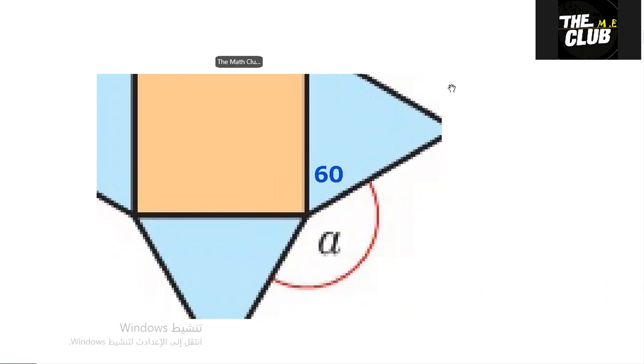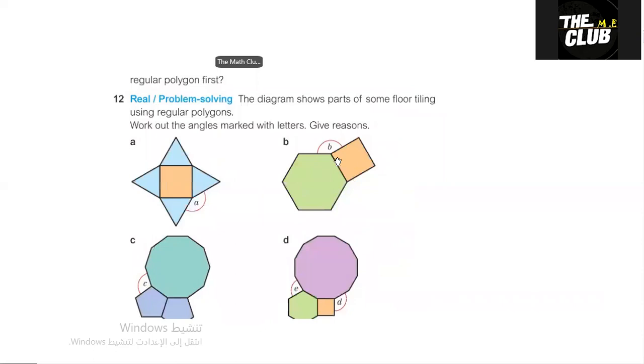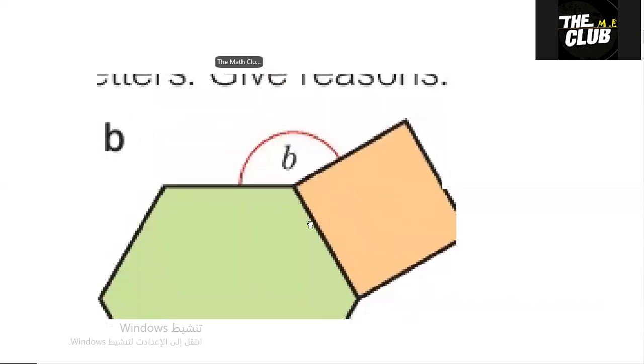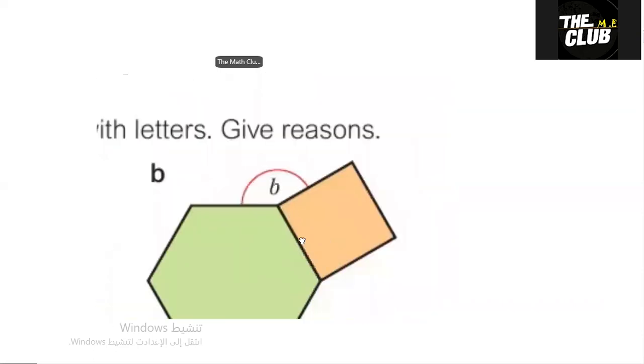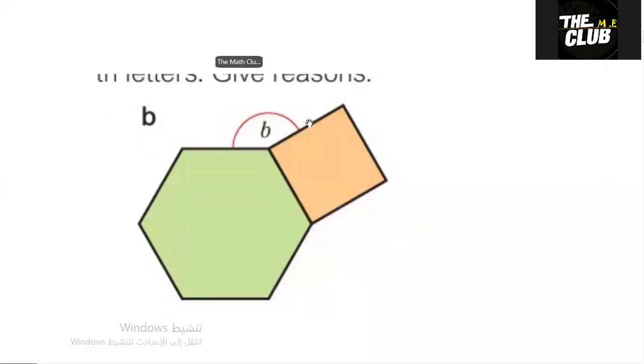Next shape that we have is B. We're going to answer it with the same idea. As we can see here, we have a square and a hexagon. Now, we know that this is the exterior angle of the square and the hexagon. So how do we answer this?